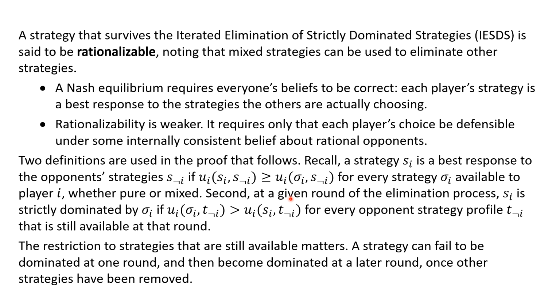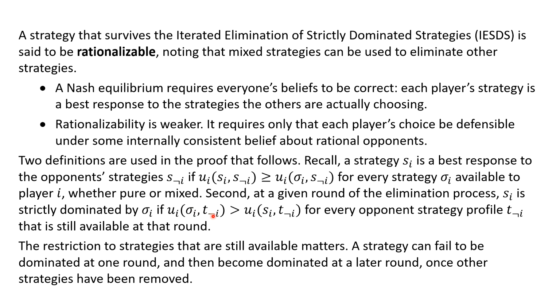Second, at a given round of the elimination process, S sub i is strictly dominated by sigma sub i if the payoff for sigma sub i and any other collection of strategies from the other players is strictly greater than the payoff using S sub i.